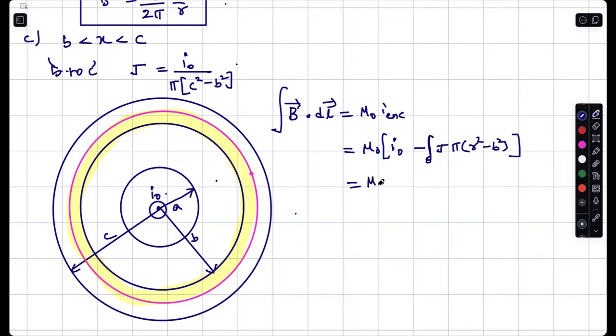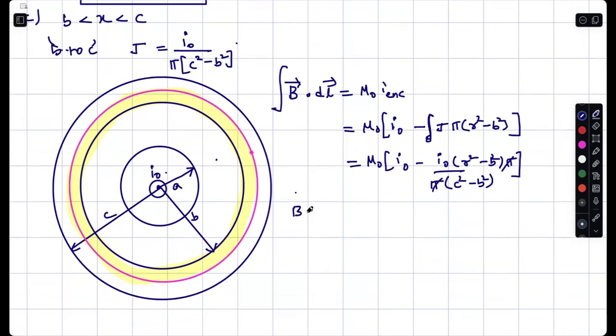Okay. mu naught times I naught minus I naught by pi c square minus b square times r square minus b square into pi. Cancel pi.